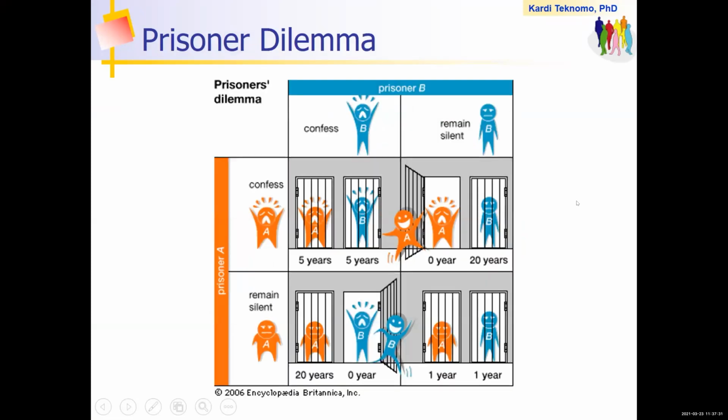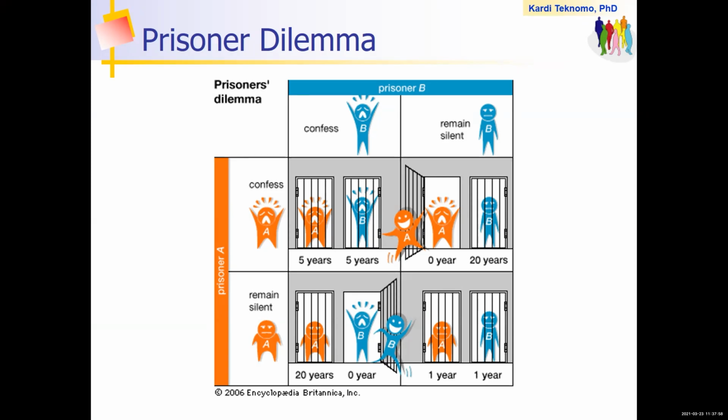And here is the story of the prisoner's dilemma game. So there are two criminals. They were caught in action, and now say prisoner A and B, if both confess, both will receive a 5-year sentence.